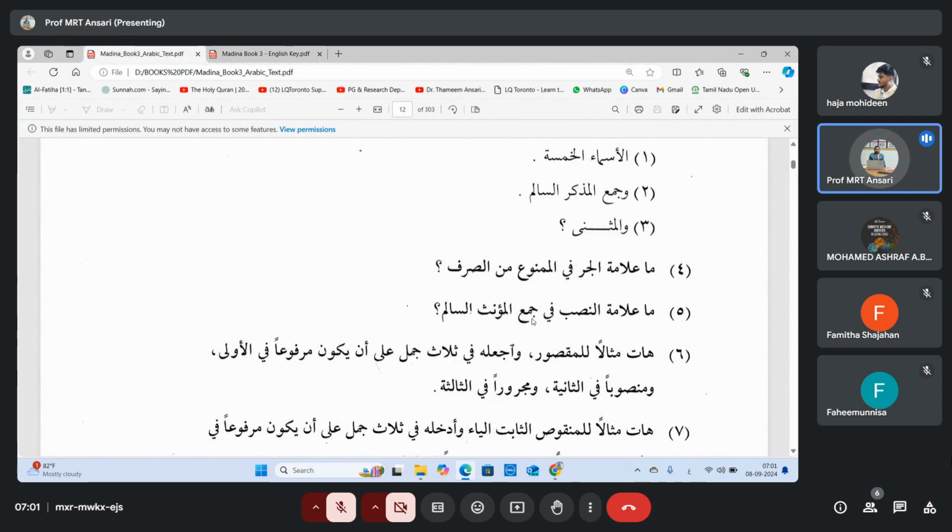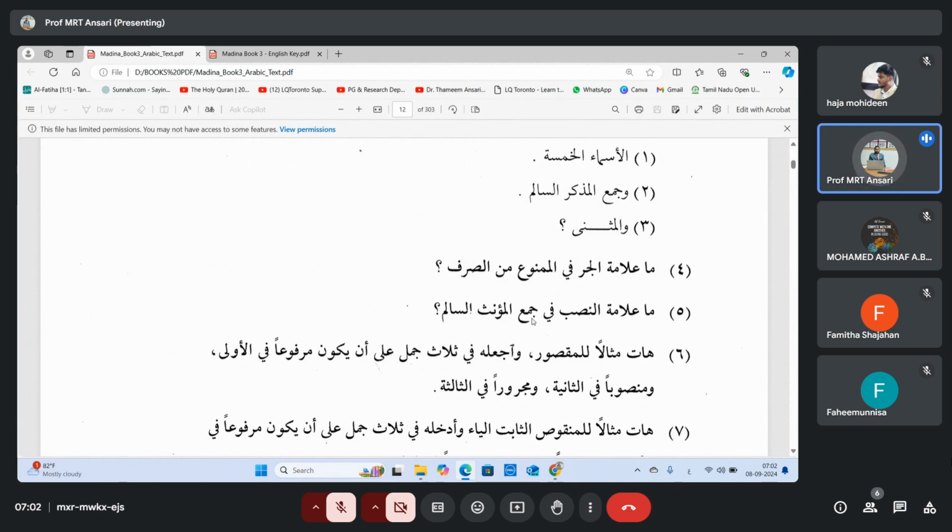Next, the fourth question: Ma alamatul jarri fi al-mamnu min as-sarf? What is the sign of jar in mamnu min as-sarf? That is very simple. In marfu, you say Ja'a Ibrahimu, Ibrahim came.